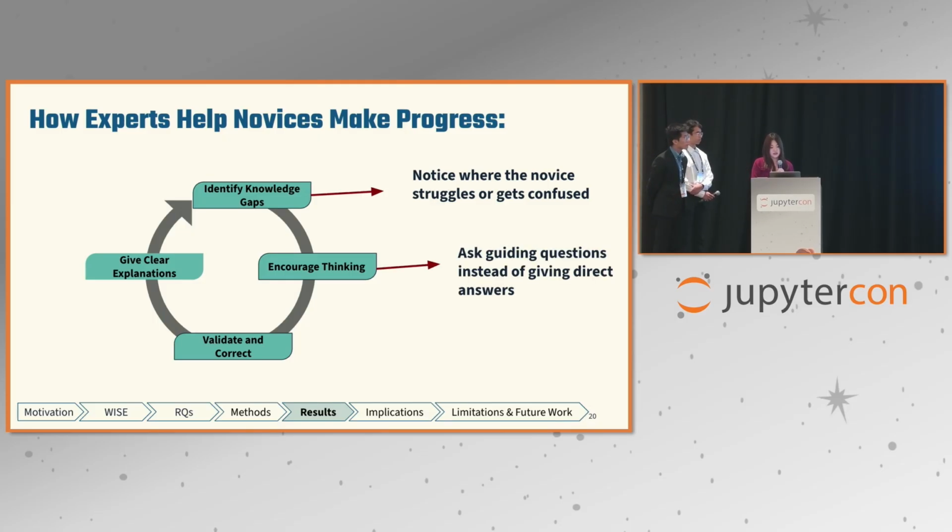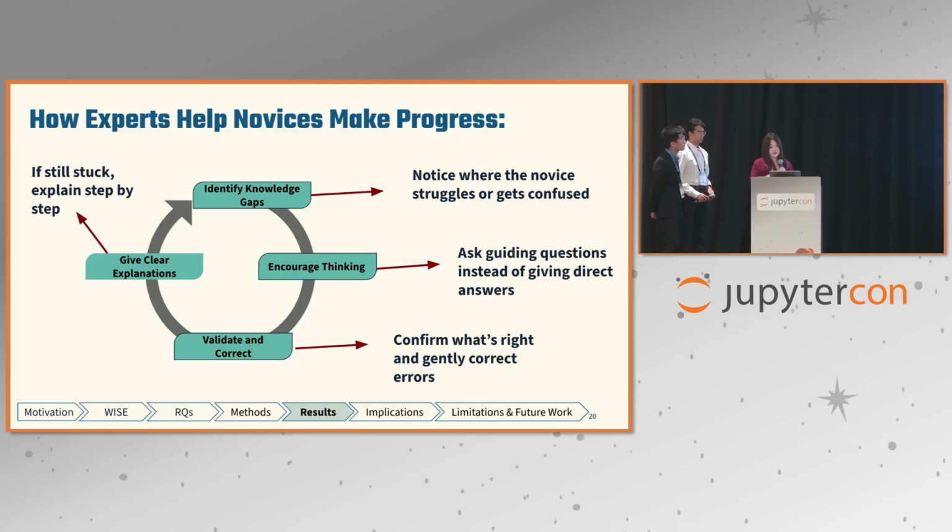Then, instead of giving direct answers, they will encourage self-reflection by asking a lot of prompting questions and guiding questions. Once the novice starts to share their thoughts or thinking process, the experts will either validate or correct. If the novice is on the right track, really close to the correct answer, they confirm what is correct. If not, they will gently point it out and clarify what is wrong.